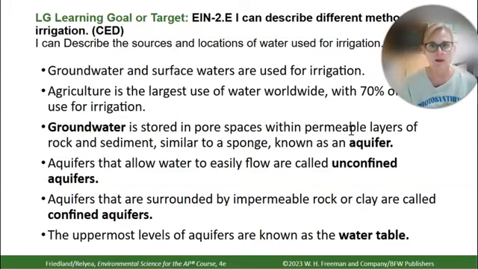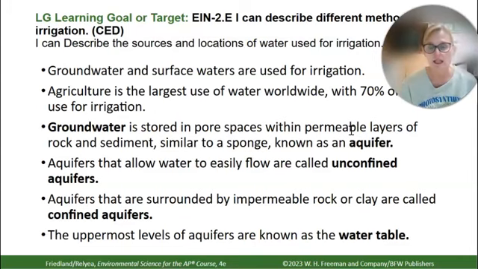Now, sometimes aquifers are what's called unconfined, and what that means is that you can access it easily. There's no sheet of solid rock, we can call that bedrock, above the aquifer, which makes it hard to drill into.